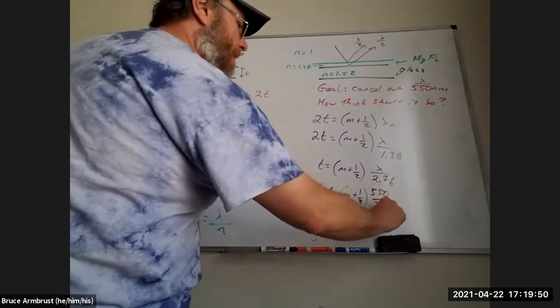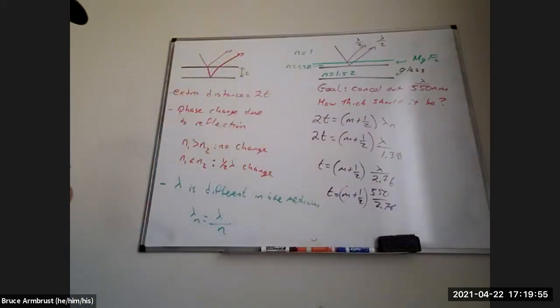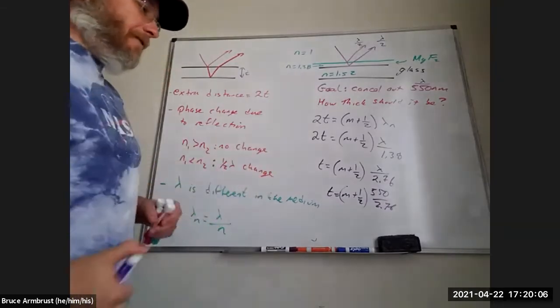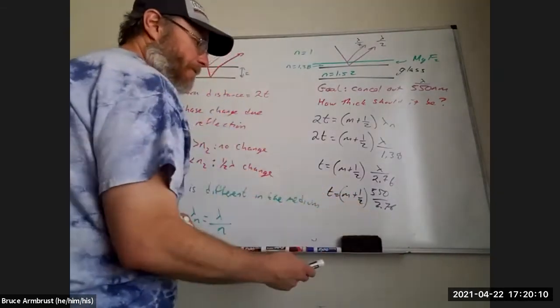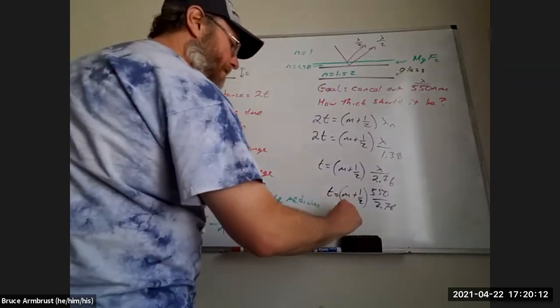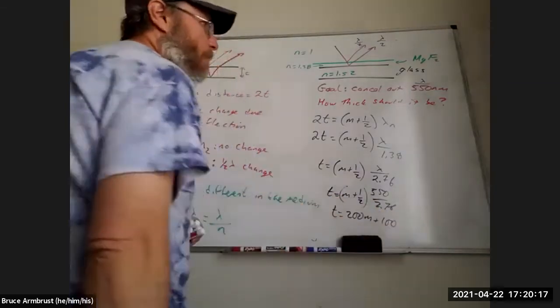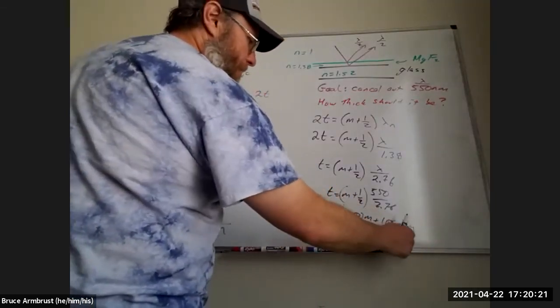So 550 divided by 2.76, and that's awfully close to 200. 2.75 into 550 would give us 200, so I'm just going to round it to 200 to make life easy for us. So we get t is equal to 200m plus 100, and the units here are nanometers.